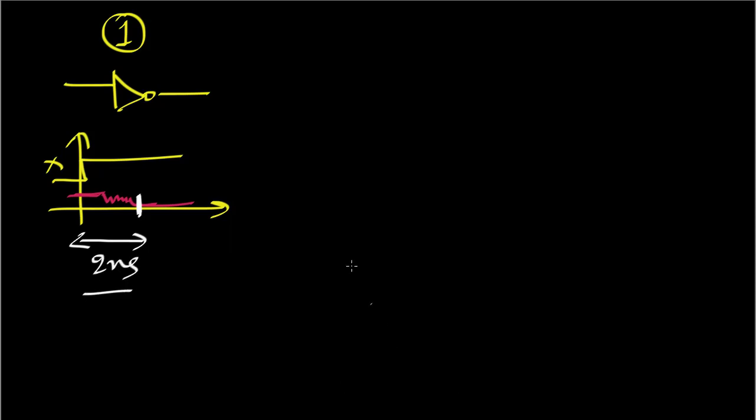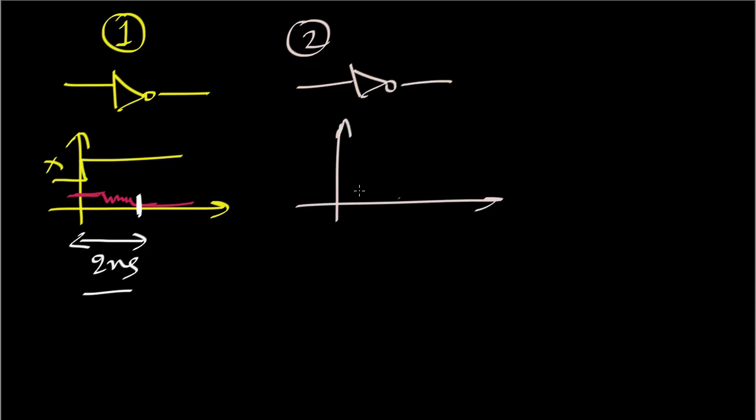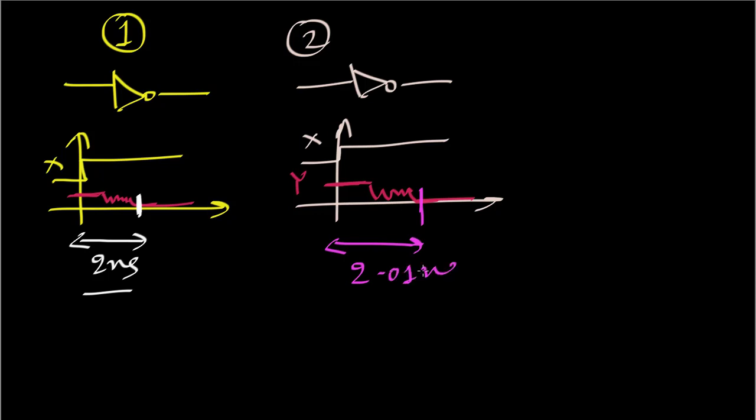Now similarly for the second NOT gate, we define the characteristics. Let us say this is our input X, and our output Y takes 1.01 nanosecond before it starts changing, and it gets to its final value at, let us say, 2.01 nanosecond.